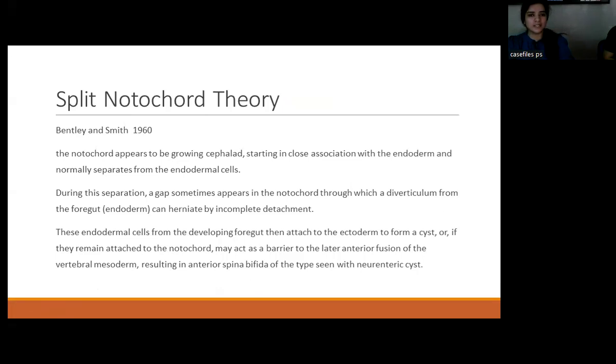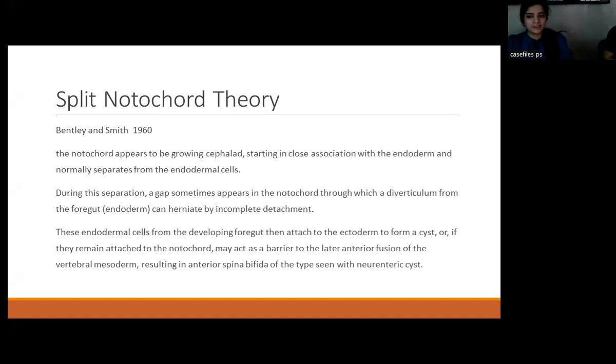If this endodermal adhesion remains patent and the notochord is unable to detach from the endodermal lining, it presents as a tract. If this tract remains patent, it will form a fistula between the intestinal tract and the spinal canal. If it becomes fibrous, there will be a fibrous tract. And in most cases, this forms a duplication tract only.